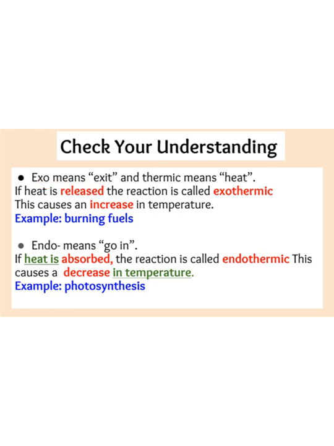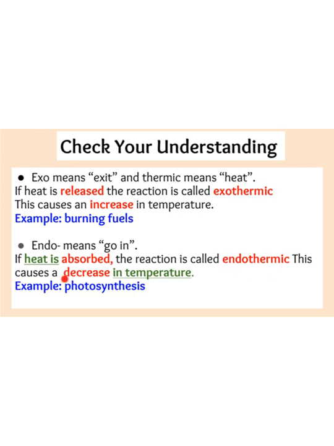Exo means exit, and thermic means heat. If heat is released, the reaction is called exothermic. This causes an increase in temperature, as an example, burning fuel. Endo means go in. If heat is absorbed, the reaction is called endothermic.